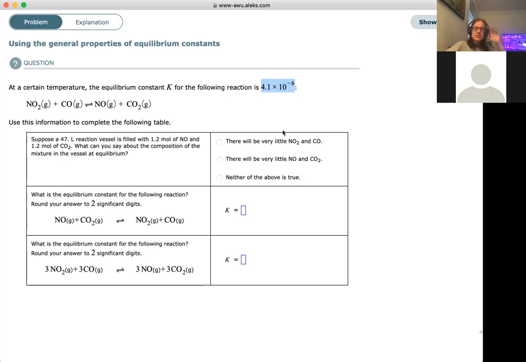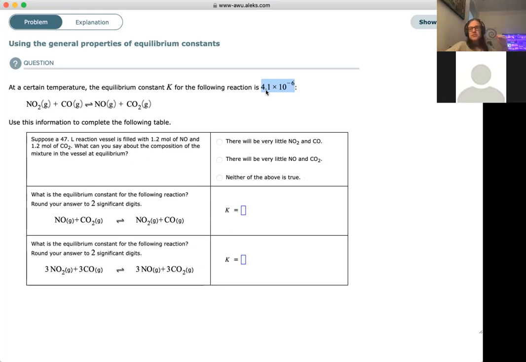Here's what we want to do. Look at the value of K. If K is a large number, more than 1, 10, 100, 1,000, 1,000,000, what that means is the ratio of the products divided by the reactants is large, okay? Because K is defined as products over reactants.